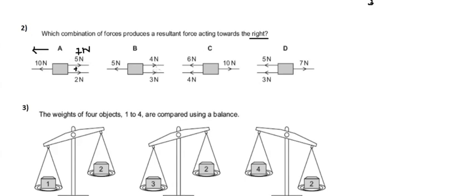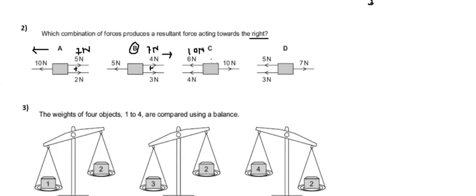In this case it is 4 plus 3, that is 7 Newton. This is our option, because the resultant force will be 7 minus 5, that is 2 Newton in the right direction, since the right-hand force is greater than the left-hand force. So option B is right. Here you can see 6 plus 4, 10 Newton in the left direction and 10 Newton in the right direction.